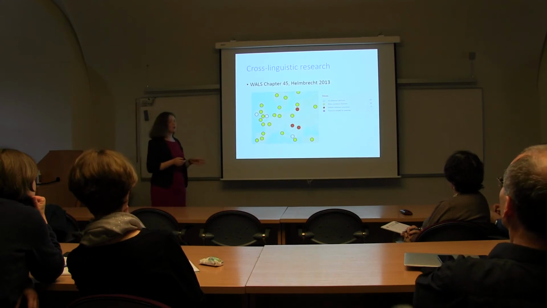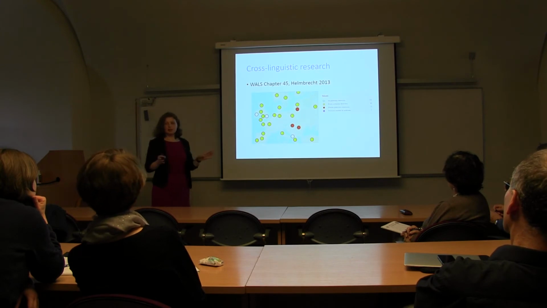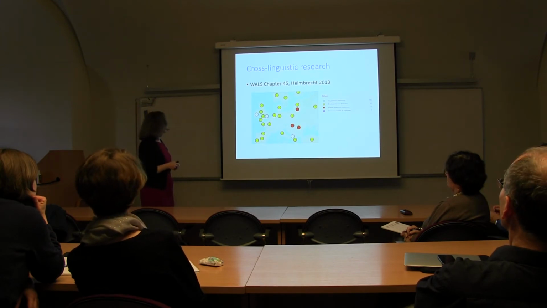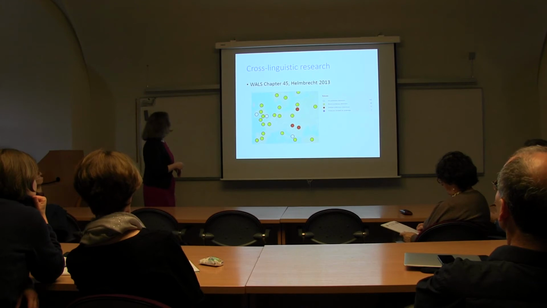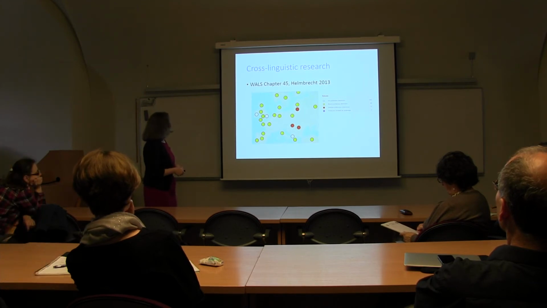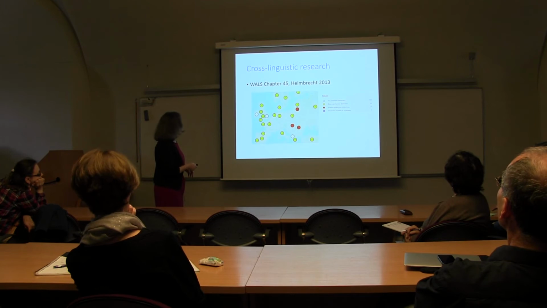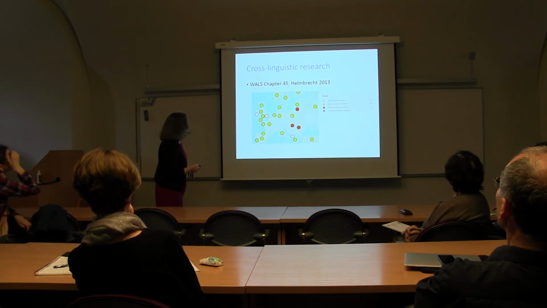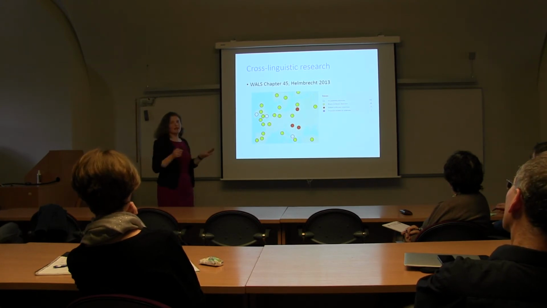So there has been some cross-linguistic research on that, of course, but mostly at the level of types. For example, this is a chapter from the World Atlas of Language Structures, and it shows the distribution of different types of politeness distinctions in the European languages. If the circle is white, like in English, Irish, and Albanian, this means that there is no politeness distinction.